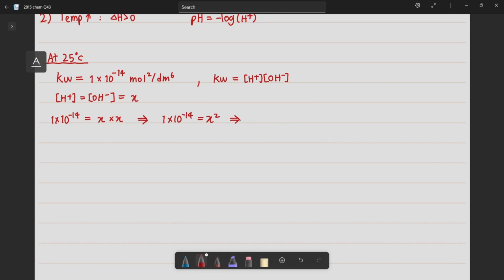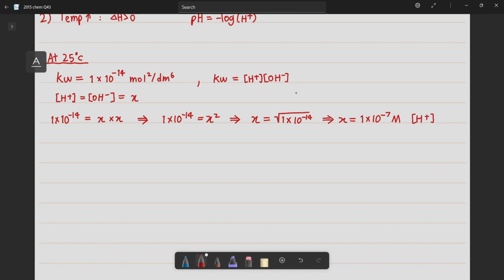So we will take the square root on both sides. This will give us this expression. So then the value of X will be 1 times 10 to power negative 7. So this is the value for X, the value of H plus and also the value of OH minus.